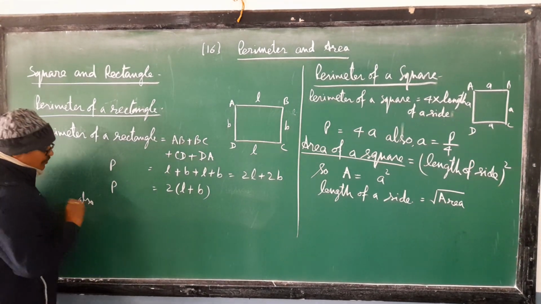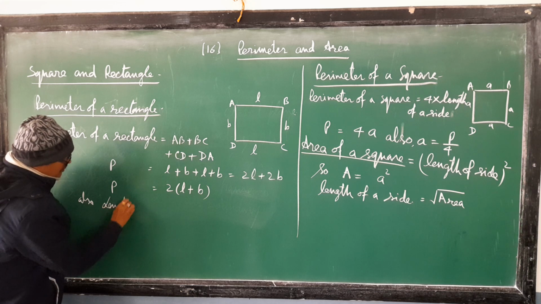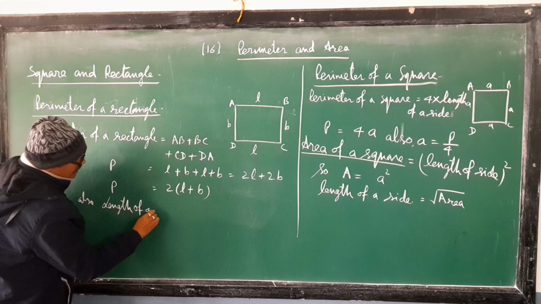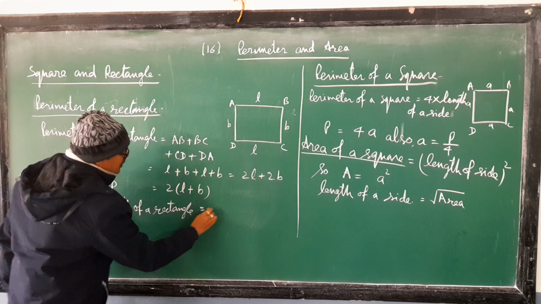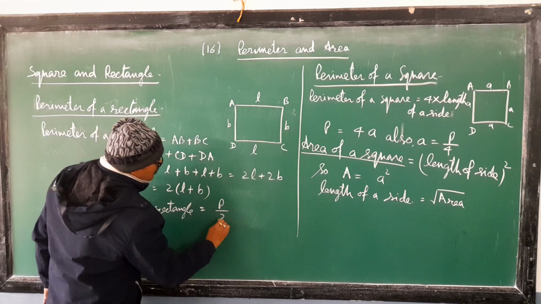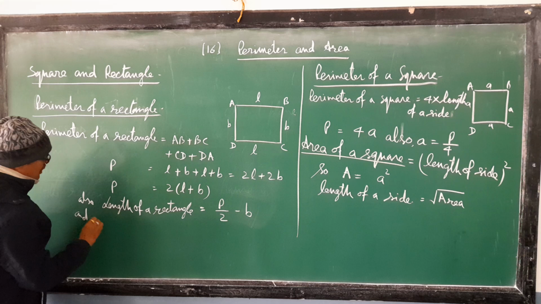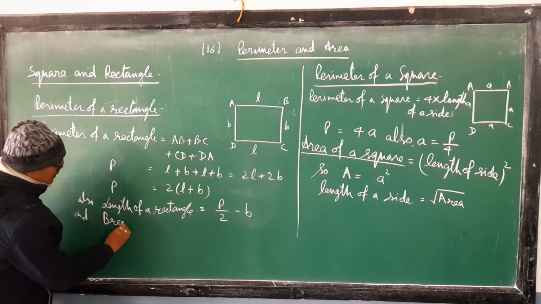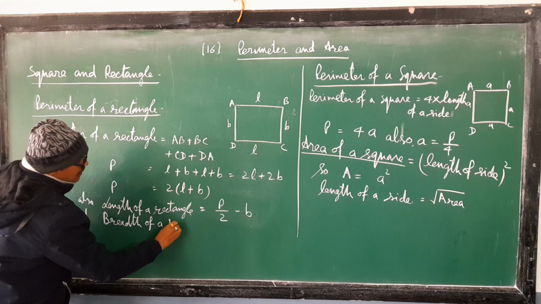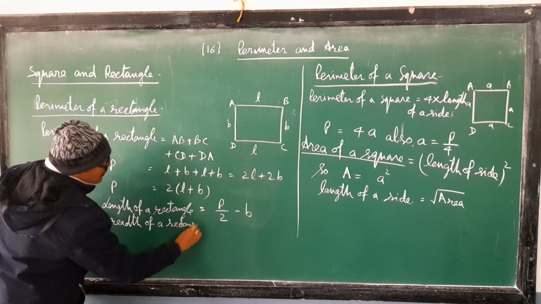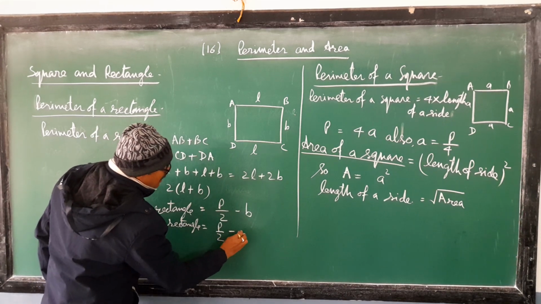Also, length of a rectangle is equal to perimeter upon 2 minus breadth, and breadth of a rectangle is equal to perimeter by 2 minus length.